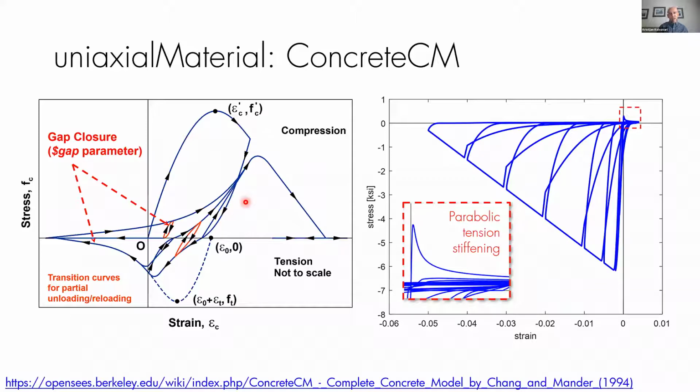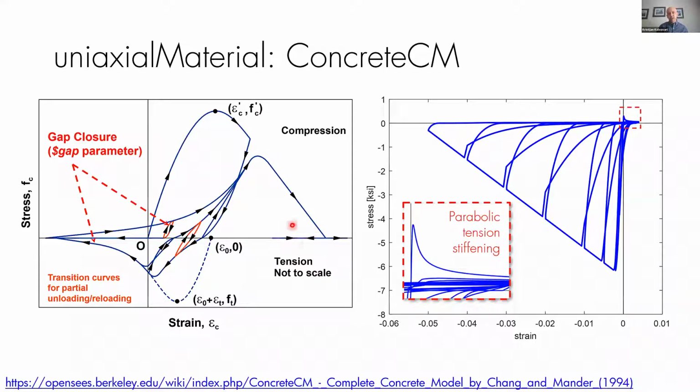As you can see on this conceptual strain stress behavior, it has these transition curves that are smooth, and it also has the ability to model gradual gap closure when concrete gaps are closing, right? A lot of models don't have that, and they have very abrupt closure, and that can actually affect your results. We will see later on one example showing how the choice of different material models will actually affect your results.